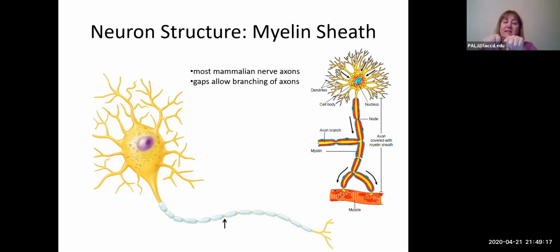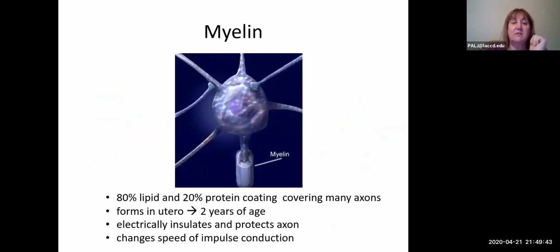And there are gaps either between the cells or between the cell parts. And it's in these little gaps that we can have an axon branch if it wants to branch. And much later, when you study neurophysiology, you will learn what happens in some of these branching axons. But for now, it's not important.